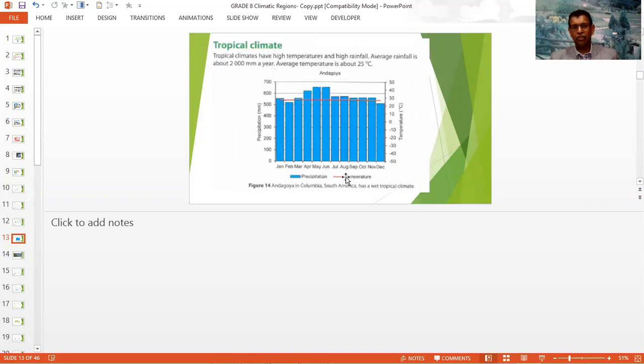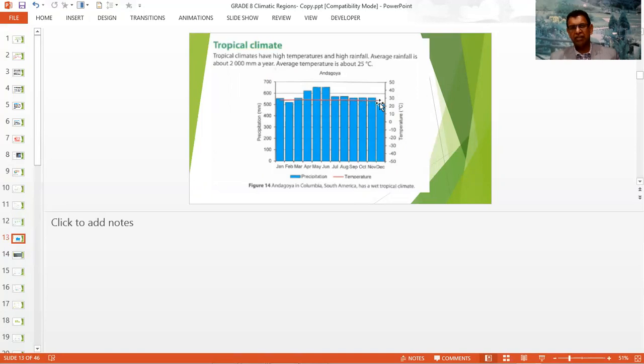And if you look closely, there's your temperature reading on the side here. You'll find that your temperature graph is almost flat, which means that every month, January, February, June, July, August, September, November, December, the temperature is almost the same.